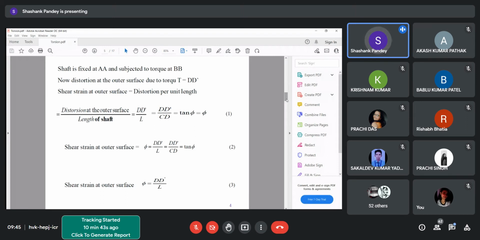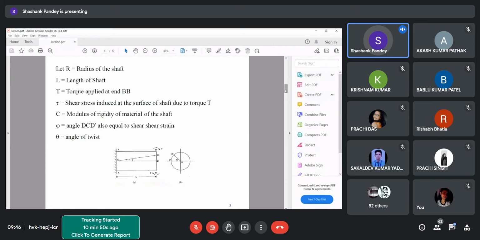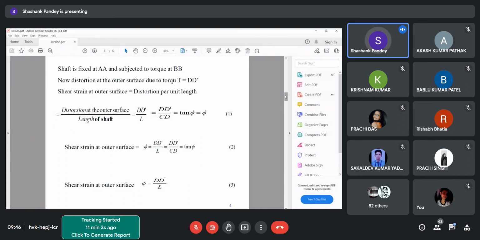Shear strain at the outer surface is equal to distortion per unit length, so we can easily calculate the strain. The change is DD dash, divided by the corresponding length L, which is nothing but tan phi. And for small values of tan phi, we assume it to be phi.